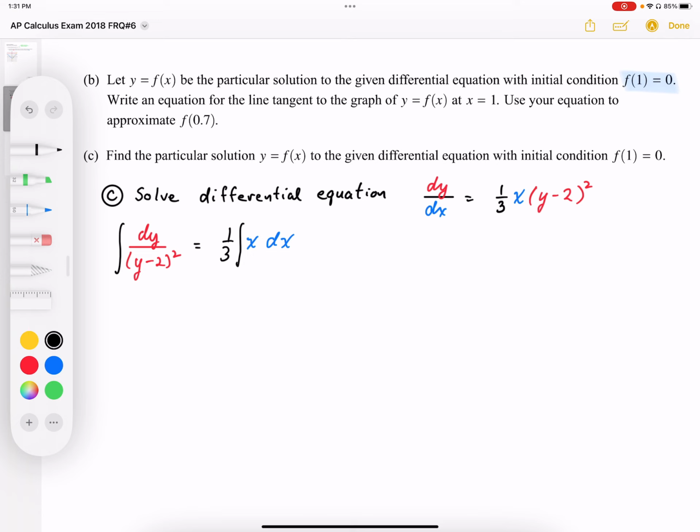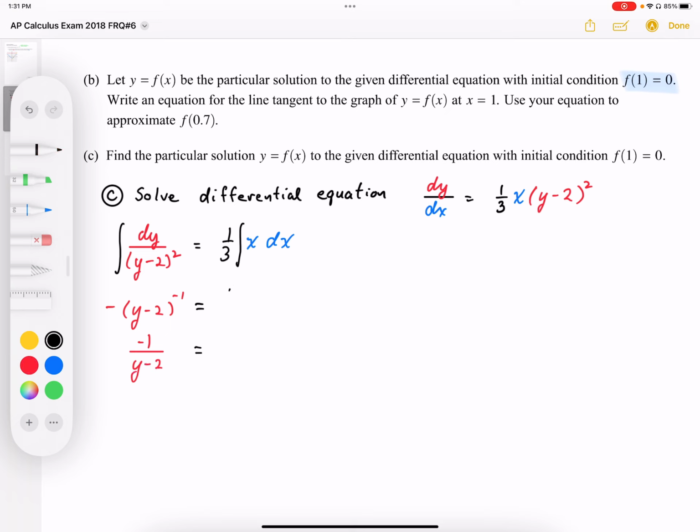Okay. And then using my antiderivative function here, antidifferentiating power -2 becomes power -1. I'll just write it like this. y minus 2 becomes power -1, and I divide by -1, so I'm going to have that extra negative there. Simplifying this is going to be -1 over y minus 2.